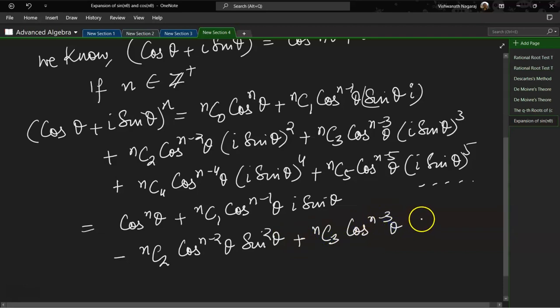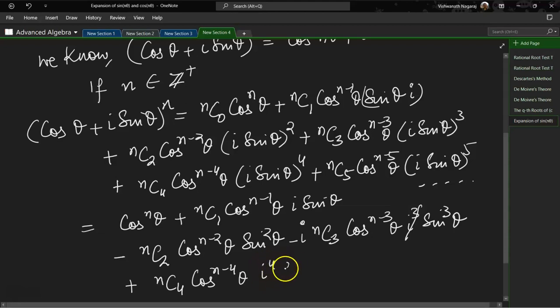Now i cube sine cube theta. Now i square is minus 1, i is i. So if I remove this, this becomes minus i. Similarly, plus nC4 cos^(n minus 4) theta, i to the power of 4 sine 4 theta. Now i to the power of 4 is i square times i square, minus 1 times minus 1 is plus 1. So I don't have to do anything. And like this I can keep doing.